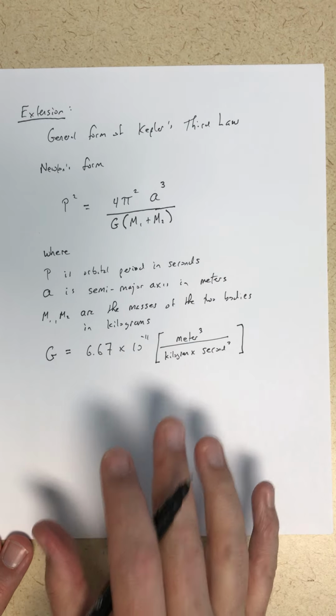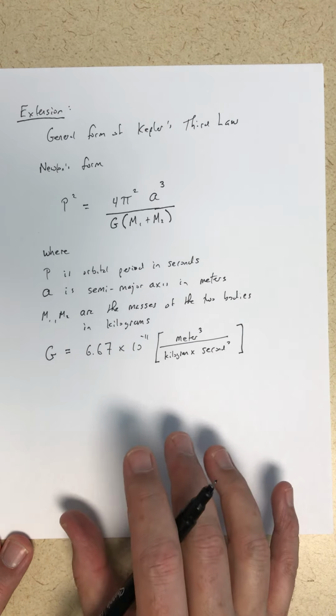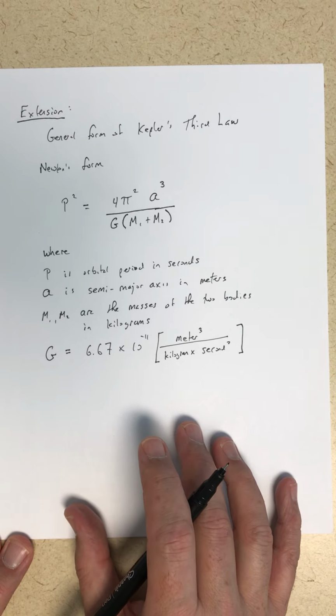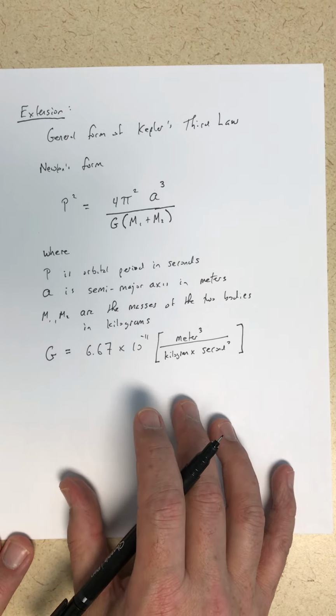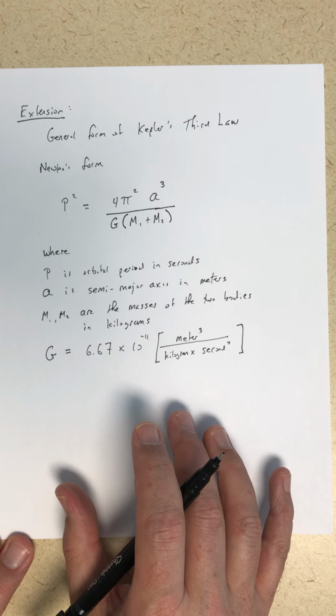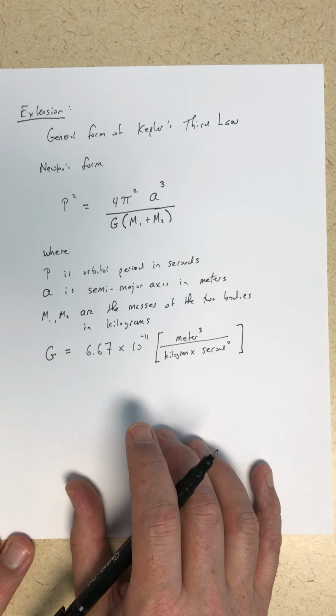So I have some other examples of doing calculations with the general form of Kepler's third law, but I did want to point out this is what you need to turn to if you can't satisfy that first restriction, that the object that is causing the orbit is the Sun or has the same mass as the Sun.